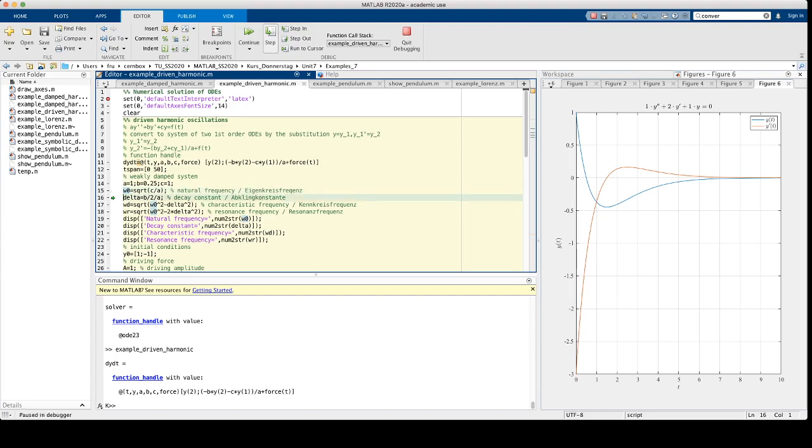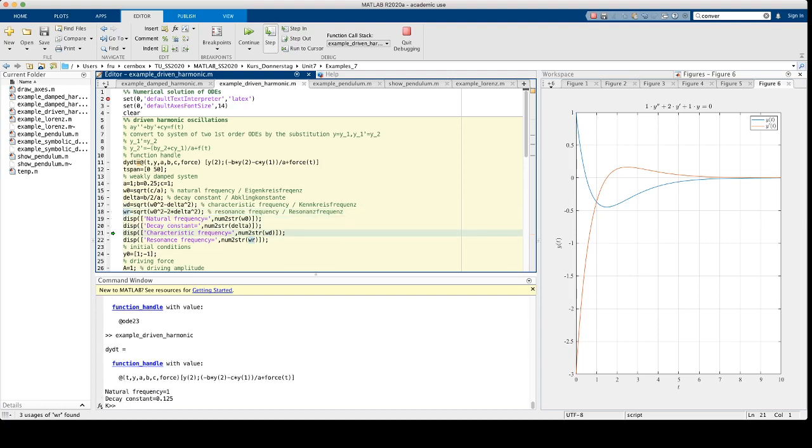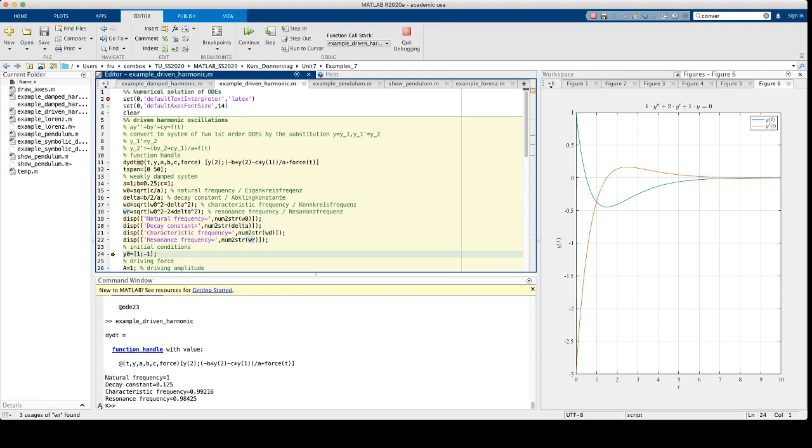We have the decay constant, Abklingkonstante. We have the characteristic frequency, Kennkreisfrequenz, and we have the resonance frequency, Resonanzfrequenz. So let's display these values.